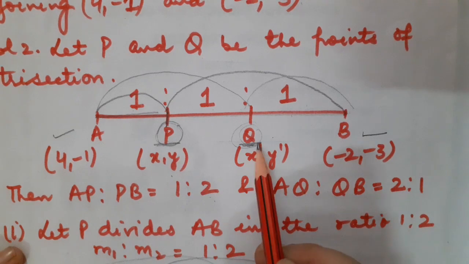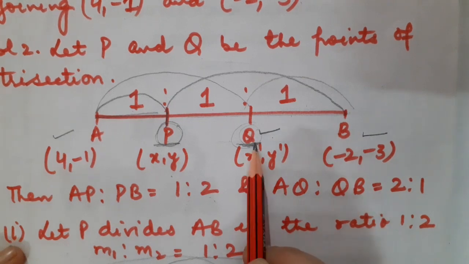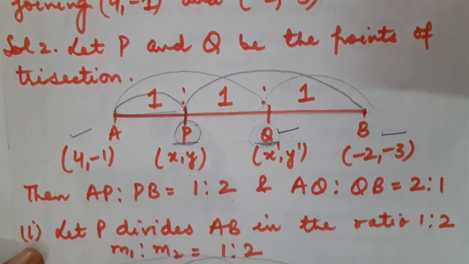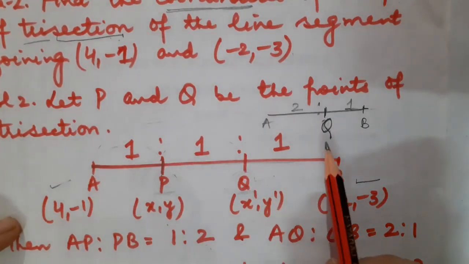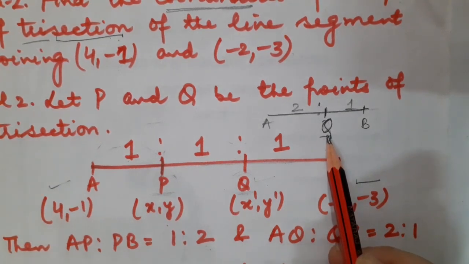So now we have calculated the coordinates of the point P. Now we have to calculate the other point of the trisection, which is point Q. Its coordinates we have to calculate now. Fine, students? Now, children, for calculating the coordinates of point Q, I have basically 3 methods.